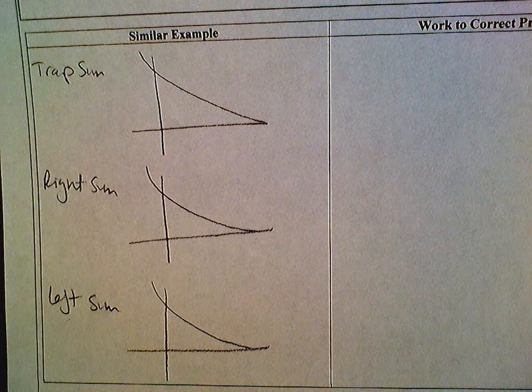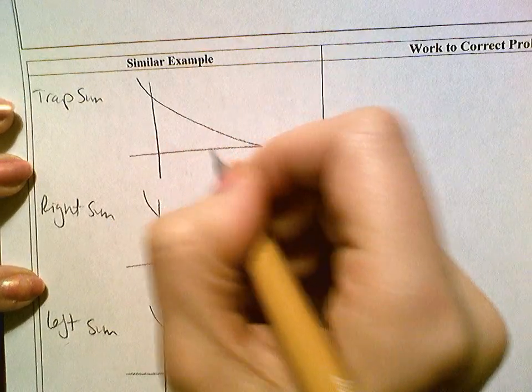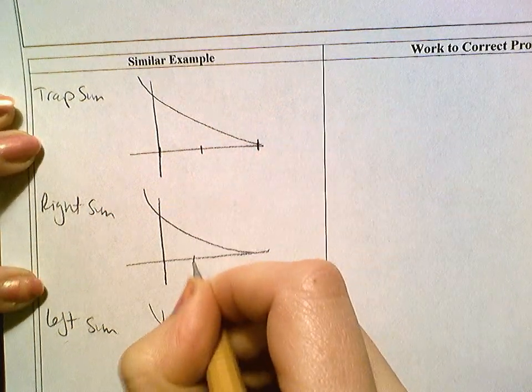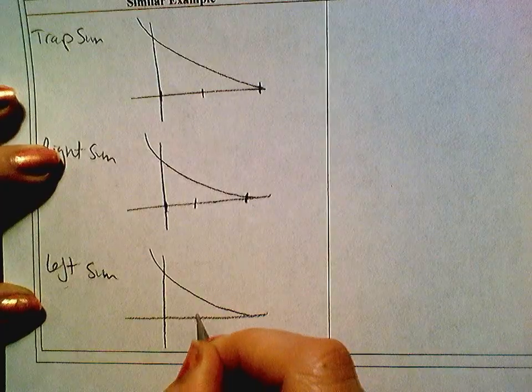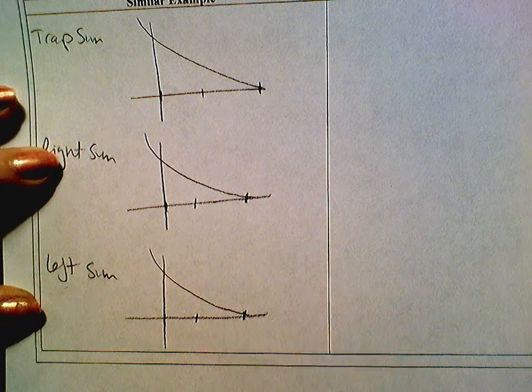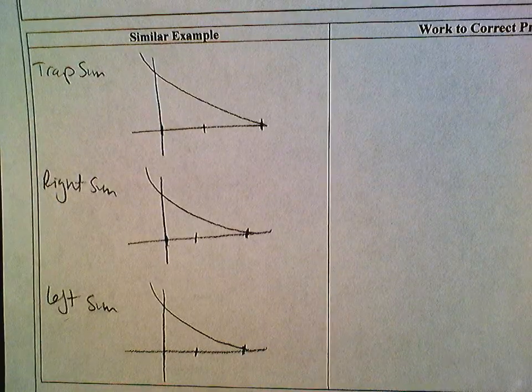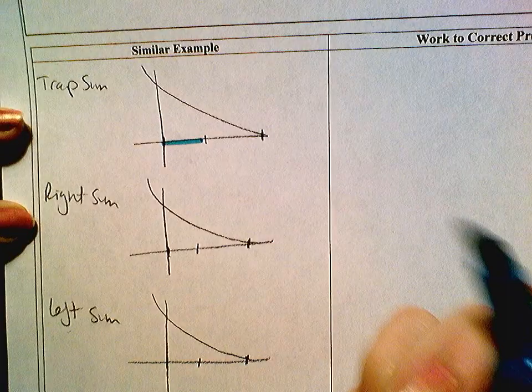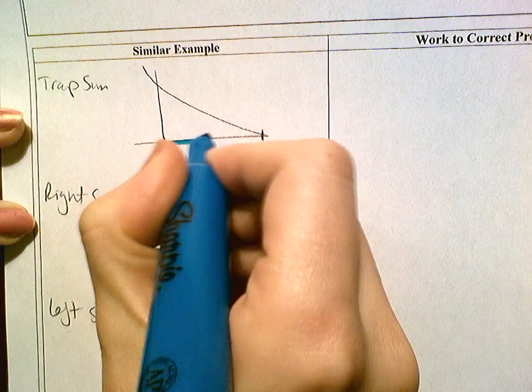Like a trapezoidal sum, I'll just do two subintervals because that's easy. For a trapezoidal sum, this would be the height of a trapezoid.